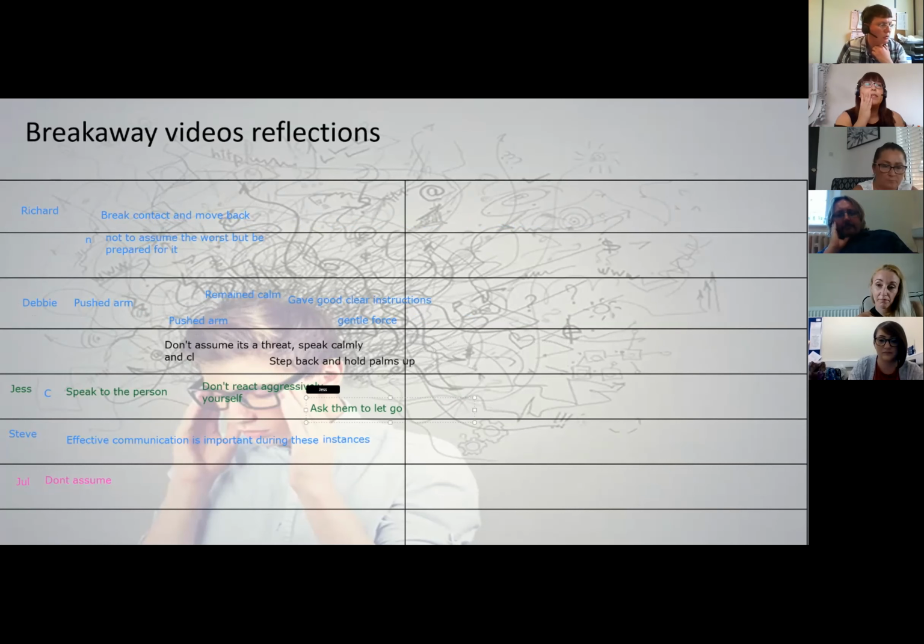On mine, I've gone to type in pushed arm away a few times now, and it's not letting me finish. It's just put in pushed arm. So I was going to put pushed arm away, stood back, and then put hands ready for defense. Okay, well, you can do that as separate ones if you want, if that's easier.